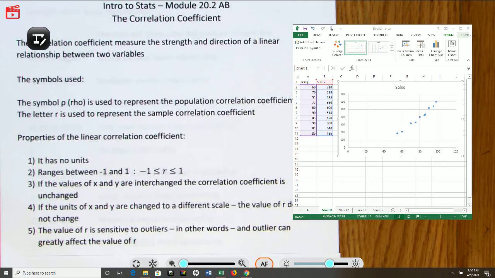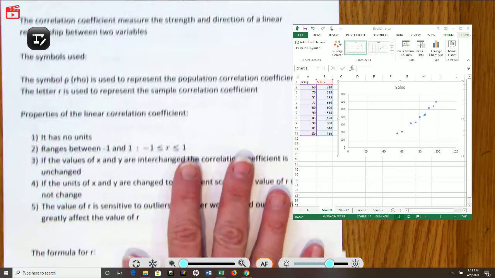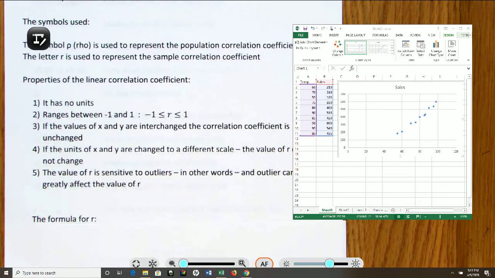So if we do have an outlier, we do want to be very careful because it can cause this correlation coefficient to be stronger than it is or not as strong as it should be. We can look at those kinds of situations in more detail if you were going into the statistical world.